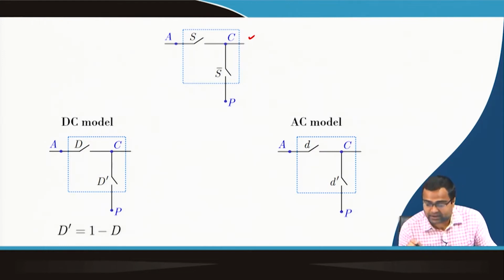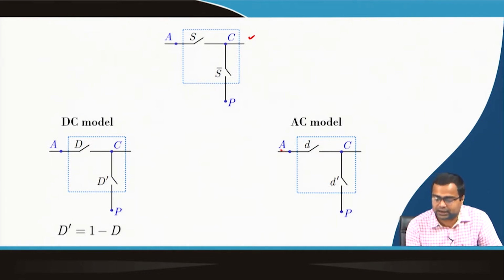But this is not complete. We have to write the current and voltage equations, taking into account the current and voltage expressions associated with this switch. That means, what is the current entering this network and which is leaving, coming out.